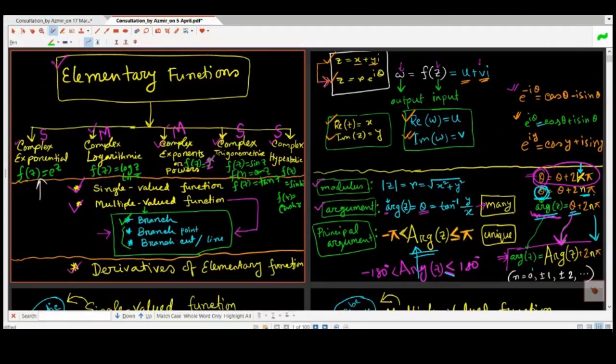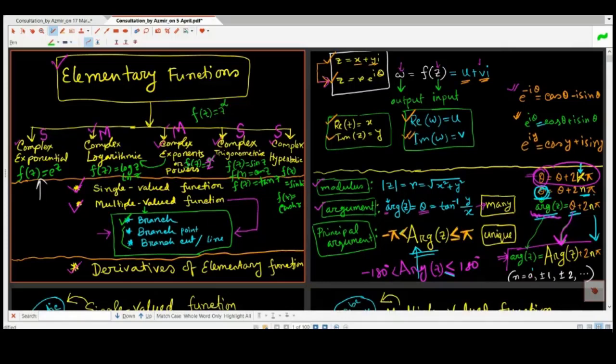Let's have a look at complex exponents. Complex exponents are written as f of z equals z to the alpha or z to the c, where alpha or c is a non-zero complex number. I have mentioned that these complex exponents are also multiple valued functions, because in complex exponents we will again get the logarithmic function.